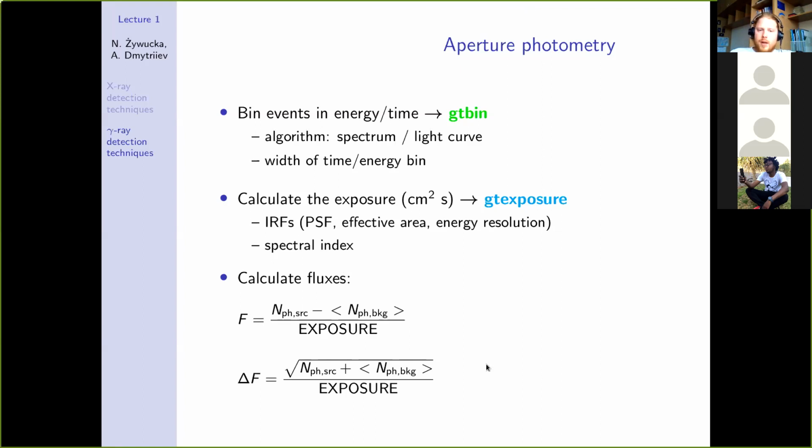So finally, what you have is the number of photons in each bin, you have your exposure, and then you simply divide the number of photons by exposure, and you've got your flux. So to calculate flux, you need the number of source counts.